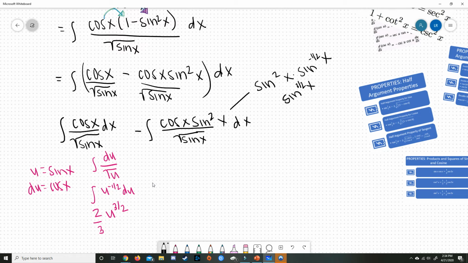So this integral becomes negative sine to the 3/2 of x cosine of x dx. And we can say that our u is sine of x, making our du cosine of x.